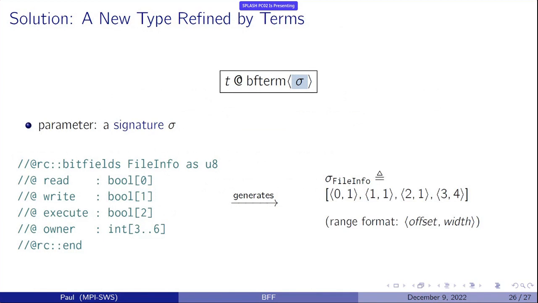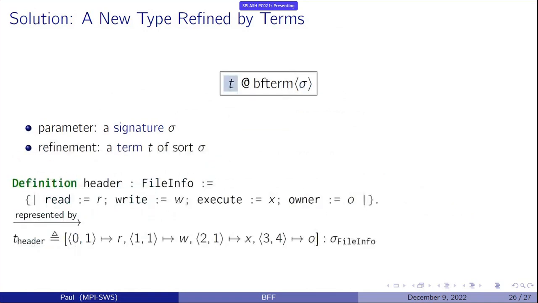Here, the parameter of the new type is what we call a signature. And as you can see from this example, the signature, sigma file info, is just a list of bit ranges. It does not contain the names of the bit fields. So this is a more general representation of the file info record.